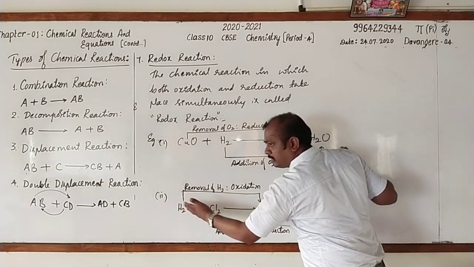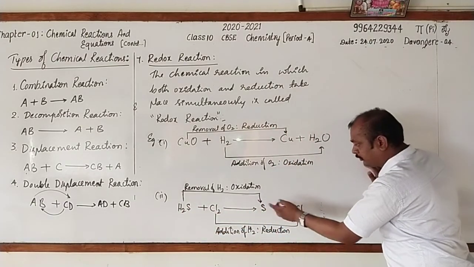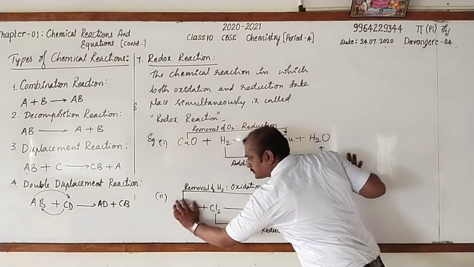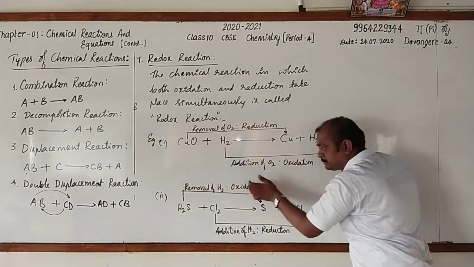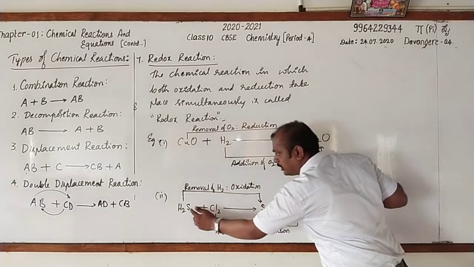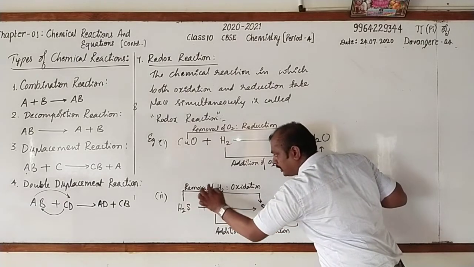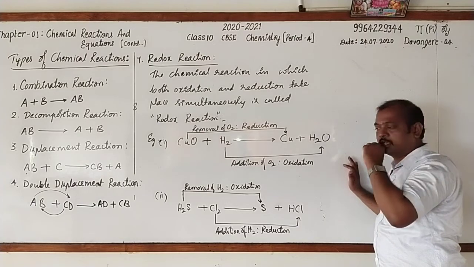And second example, observe here. Hydrogen sulfide reacts with chlorine to form sulfur and hydrogen chloride. Here hydrogen is present in hydrogen sulfide, so this hydrogen has been removed. By removing, hydrogen sulfide gets converted to sulfur. So this removal of hydrogen is called what? Oxidation.